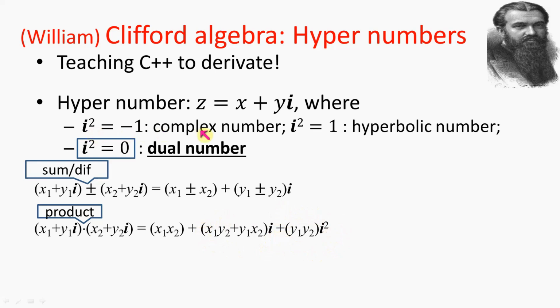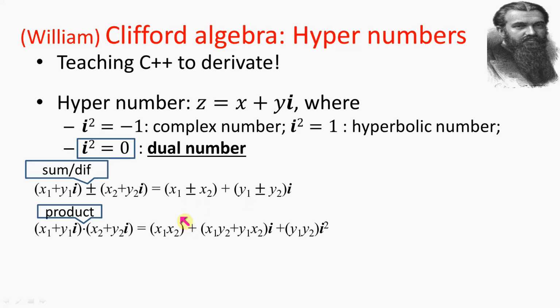If we use complex numbers, the decision is that i square is equal to -1. If we use the algebra of vectors, so i is just the basis vector of a Cartesian coordinate system, then the typical selection is i square is equal to 1 because these basis vectors are unit vectors.